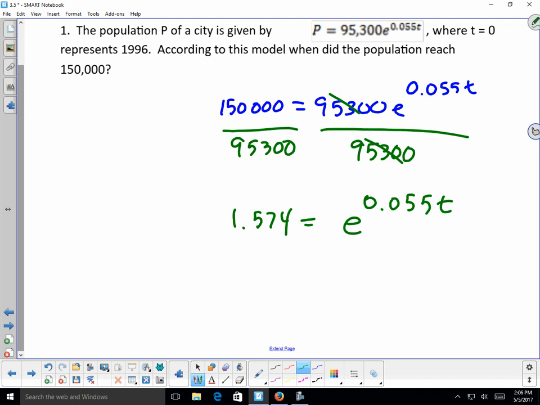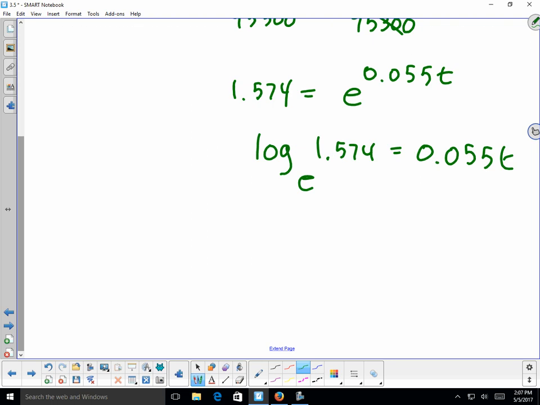Rewrite it in log form. So what's that going to look like? Log to what base? e, of 1.574, equals 0.055t. All right. Go ahead and get a decimal approximation for ln of 1.574.